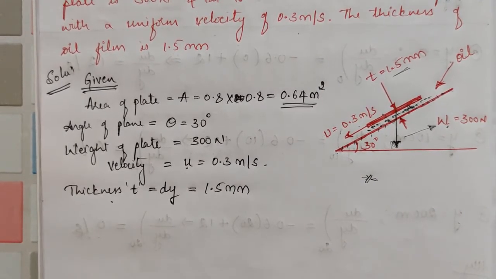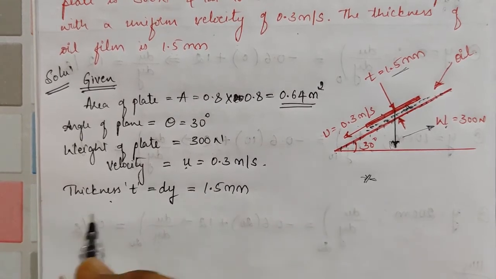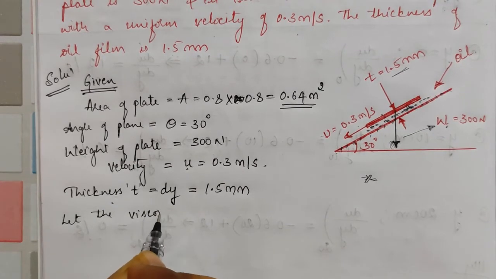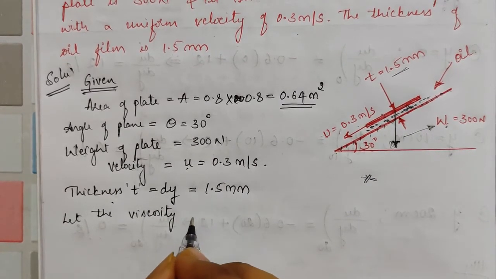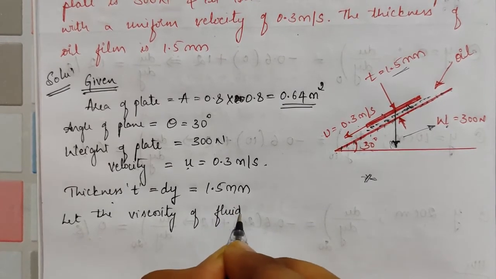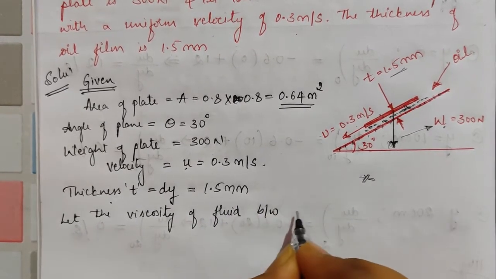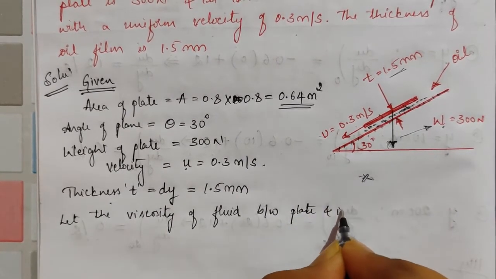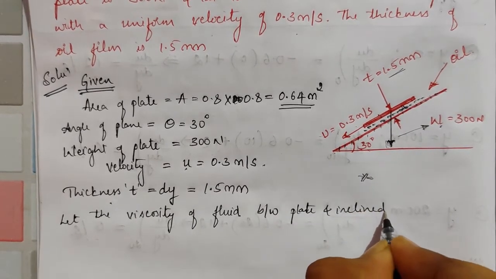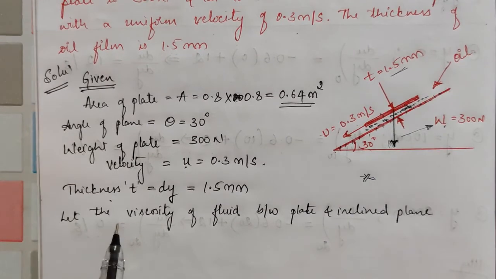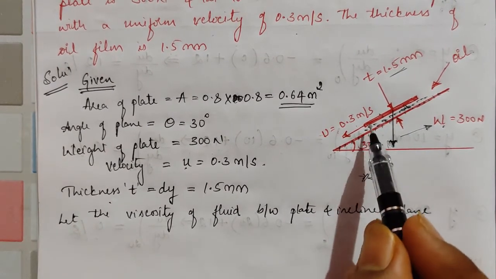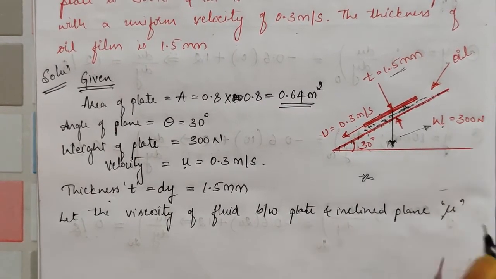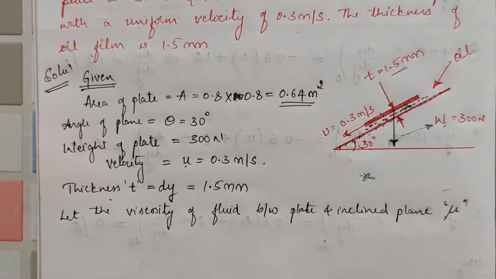We will write that like, let the viscosity of fluid between the plate and the inclined plane be mu. Let that be mu, and we need to find the mu.